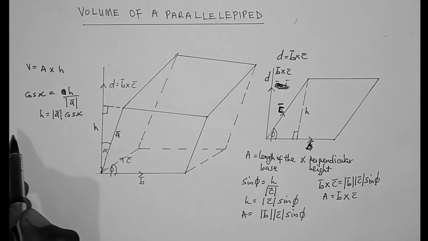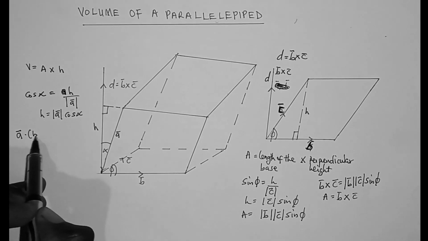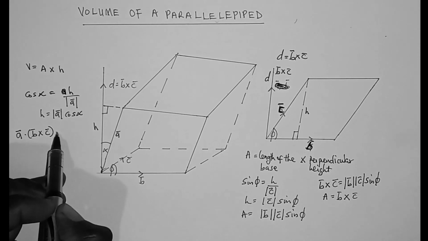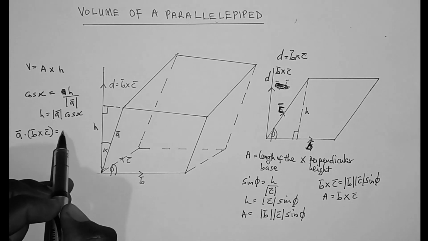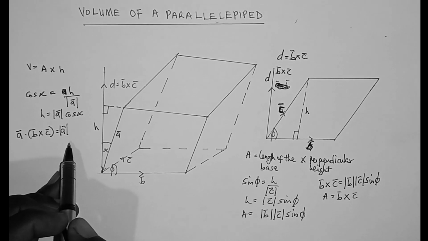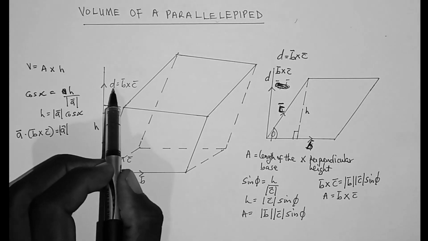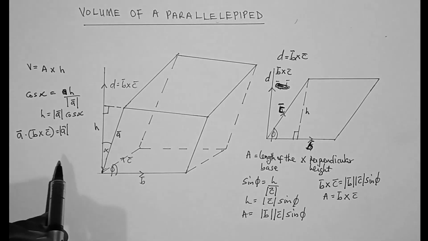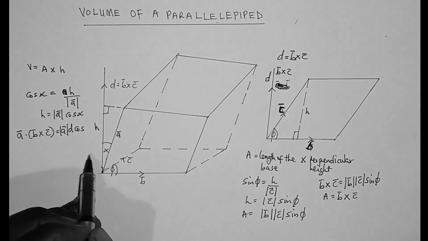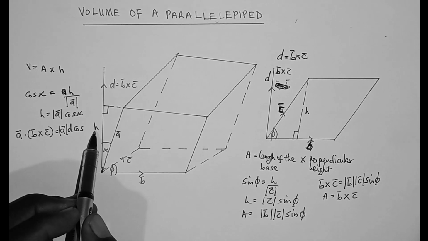Now let's find vector A dot vector B cross vector C. This is equal to the magnitude of vector A, times D, cos the angle between vector A and D.